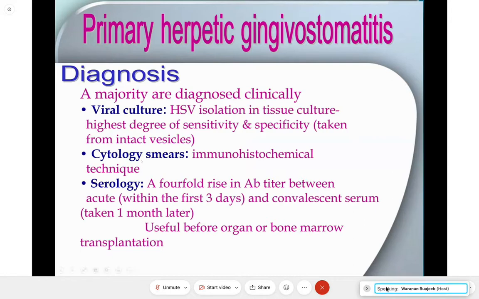Or you can smear from the lesions and send for immunohistochemical technique using monoclonal antibody to see whether it's herpes simplex virus infection. And the other thing is serology: you take a blood sample from the patient, first within the first 3 days of the infection, and again about 1 month later.